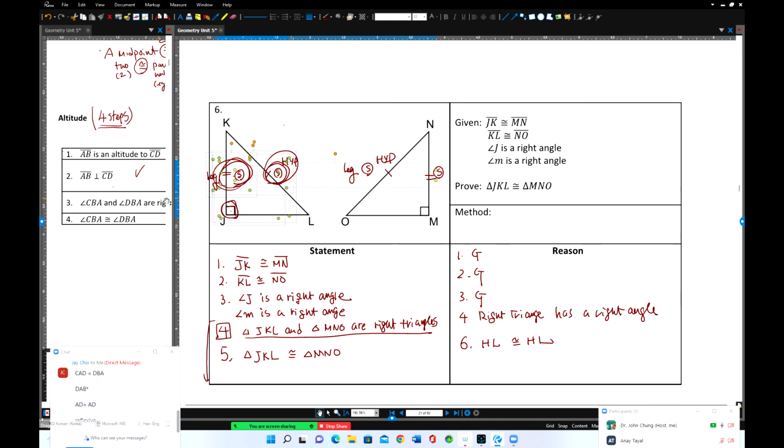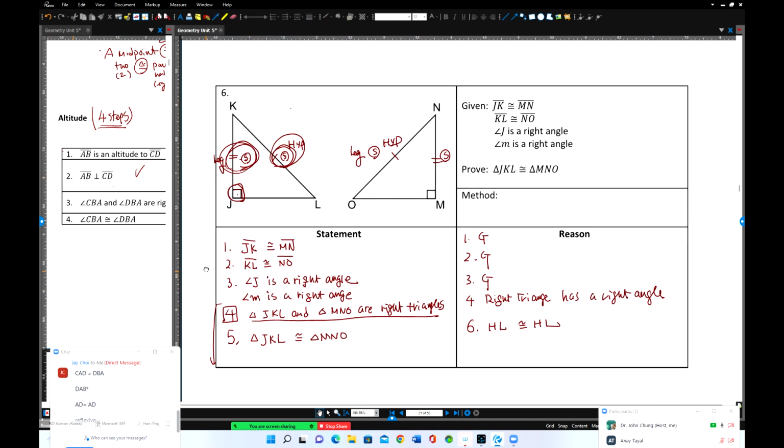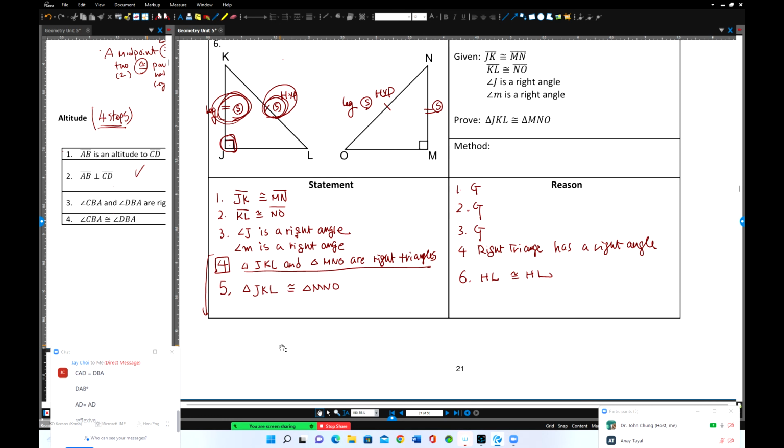And it depends on your teachers. Some teachers say this is the right angle already. If this is a right angle, we assume that these two triangles are right triangles. So that's why some teachers skip this step, and some teachers include these steps.